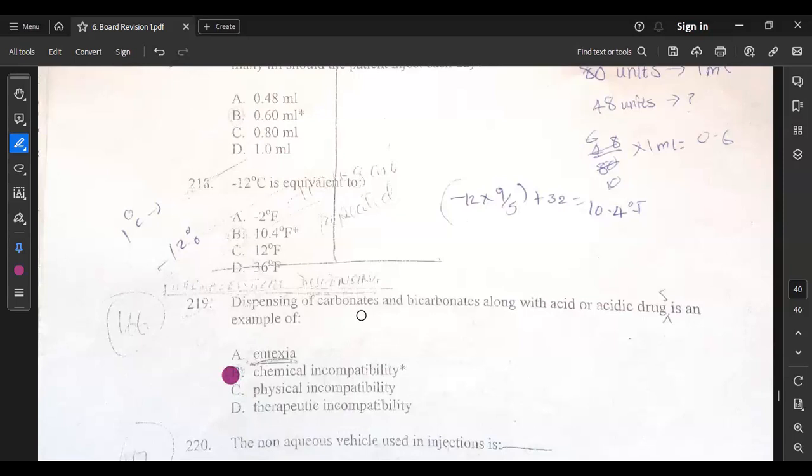It's B. I got B. Maybe you forgot the negative. It is B.